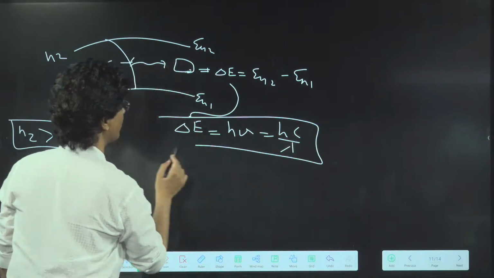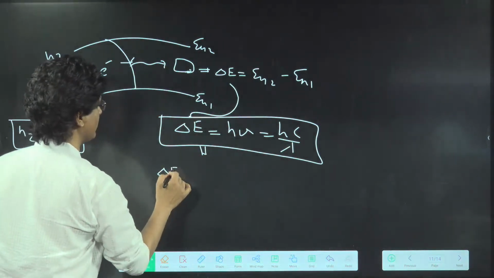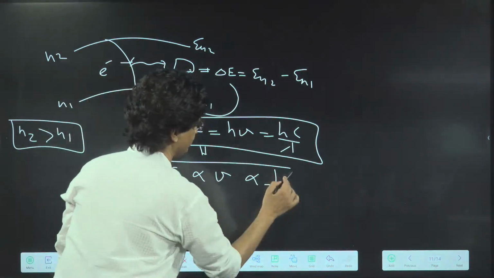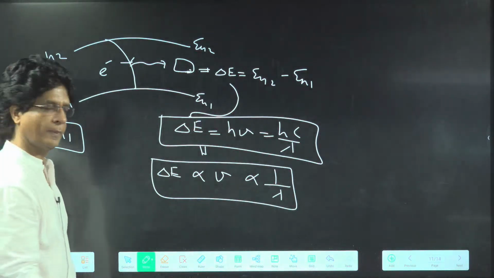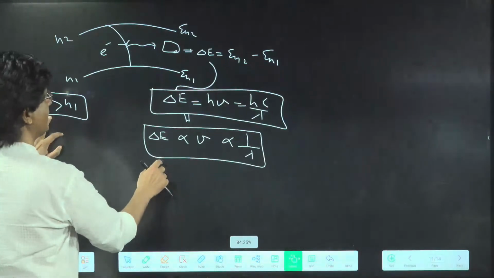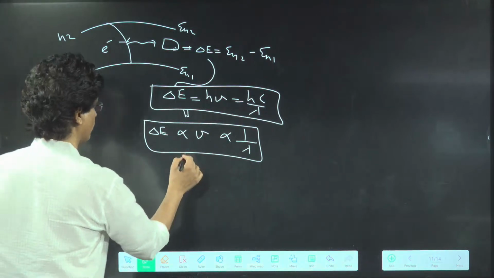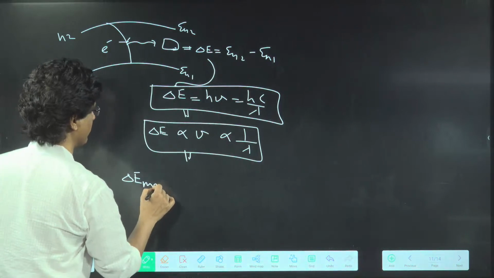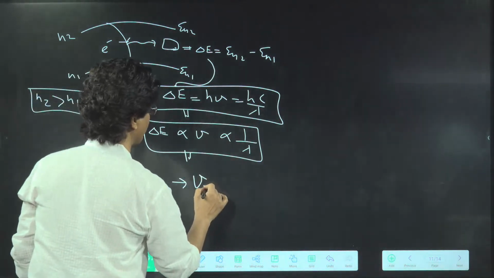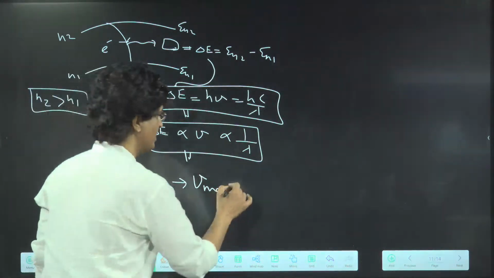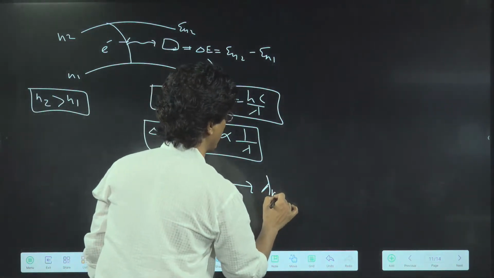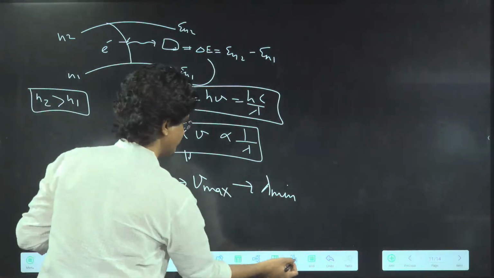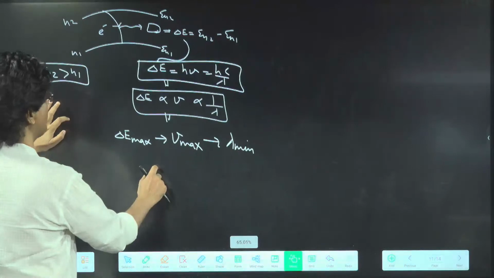So delta E is proportional to frequency, which is proportional to 1 upon lambda. Agree or not? If that is the case, then if I want delta E to be maximum, the frequency of the photon will also be maximum, which means that lambda of the photon will be minimum. If frequency is higher, lambda will be minimum. Agree, everyone? This is extremely important to handle certain questions.